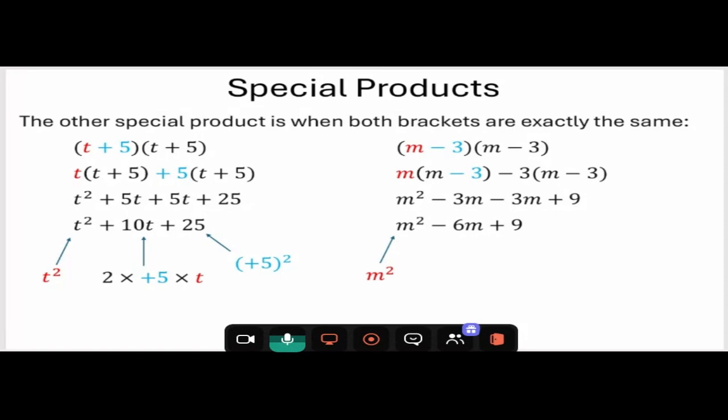Look, same thing over here. M minus 3 times m minus 3. The first term ends up being m squared. The last term is -3 squared. Remember, a negative times a negative is positive. And the middle term is double 2 times -3 times m, the two things multiplied together.